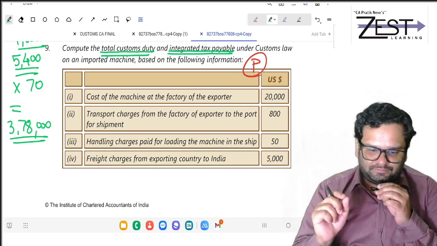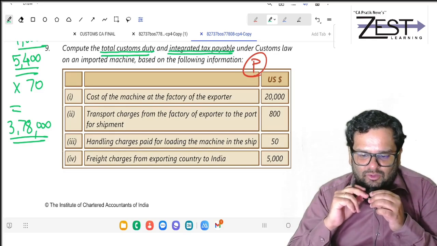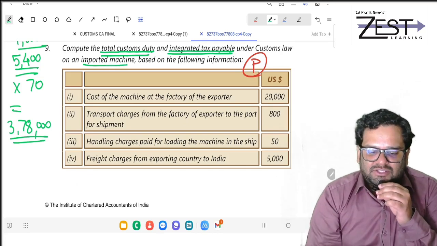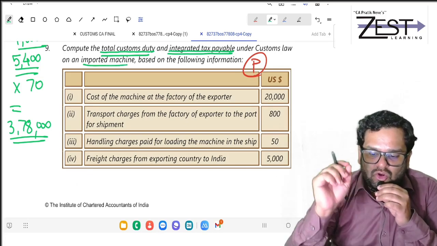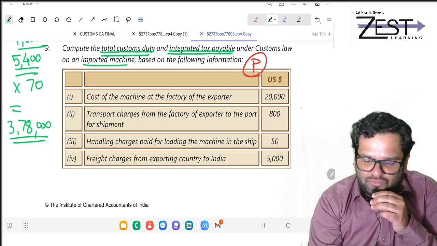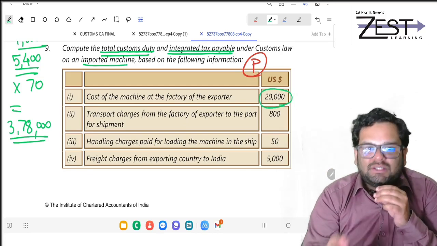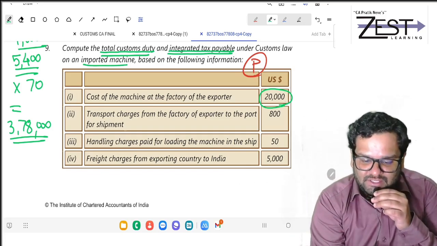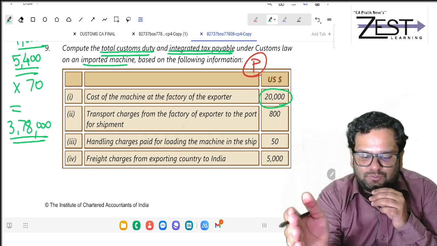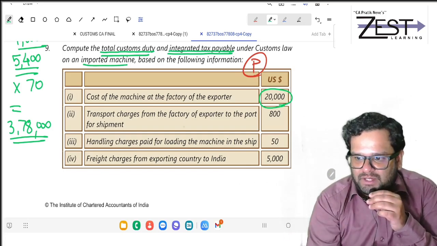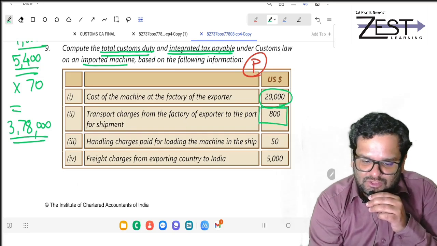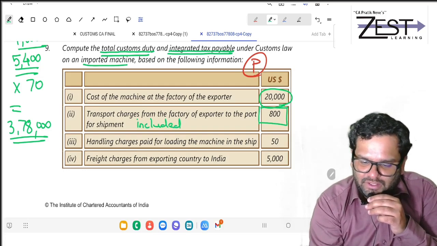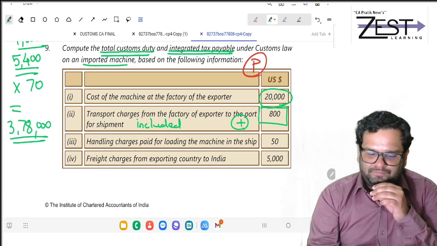You have to calculate this under customs law on an imported machine based on the following information. Cost of machine at factory of exporter is 20,000 US dollars. Transport charges from factory of exporter to port of shipment will be included and added.